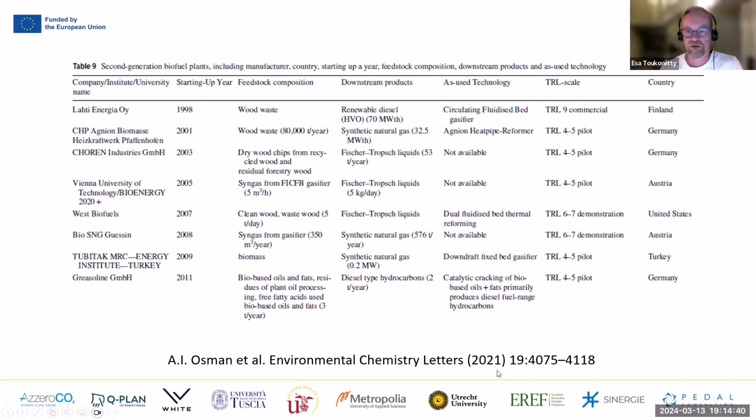And this also comes from a quite recent article. I think it's a good collection of these commercial or pilot scale processes that can be found at the moment. So there's the company or institution behind each of these. Here is feedstock composition.